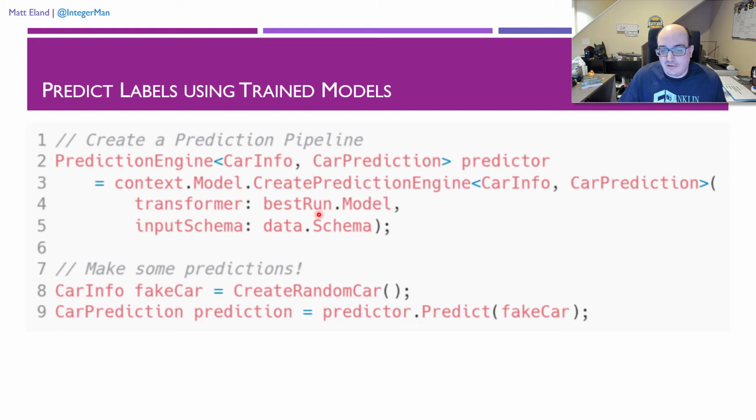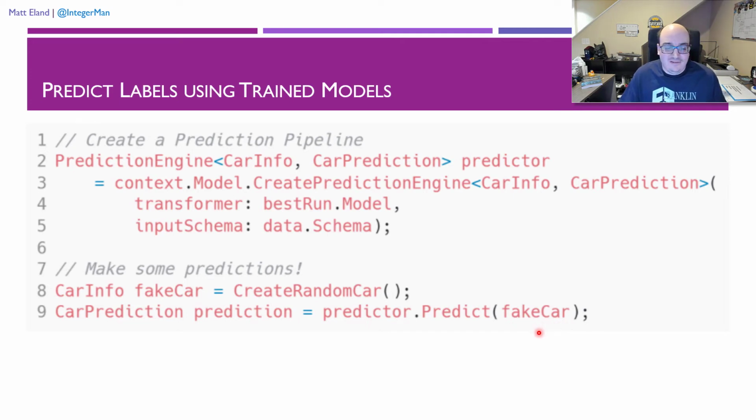So we're going to take the model from our best run, the one that we just trained, and we're going to give it some information about the schema. I think that schema information is usually optional, but it does tend to speed things up if you can provide it. We're going to create a prediction engine, give it the schema, and have it ready to go. And once we do that, then we can basically call predictor.predict and give it information about a new thing.